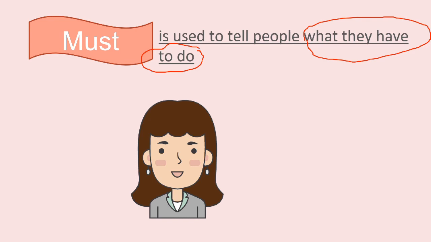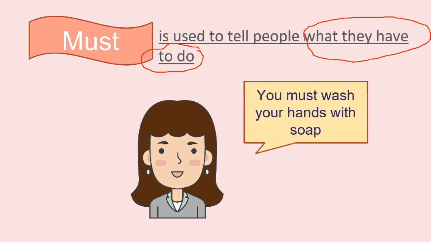This is Miss Ida. At the end of the lesson, I always say, you must wash your hands with soap, avoiding coronavirus. You must wash your hands with soap. Look, I use must and then the base form of wash. I don't write must washing or must washes, but you must wash.